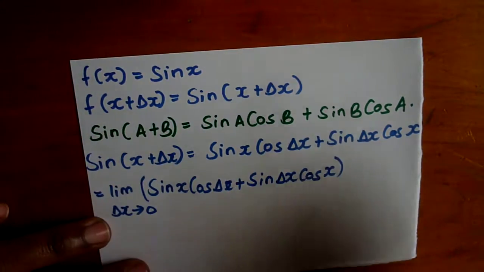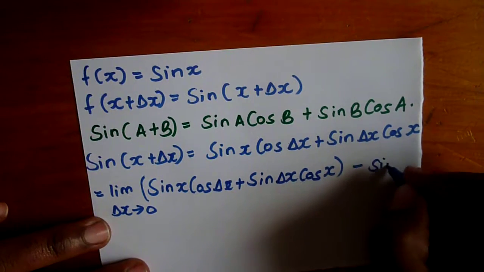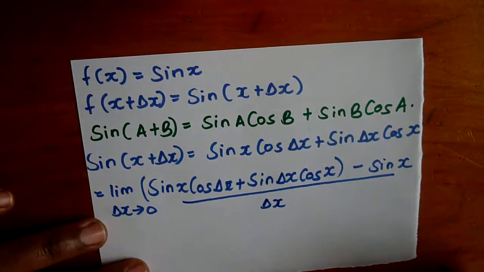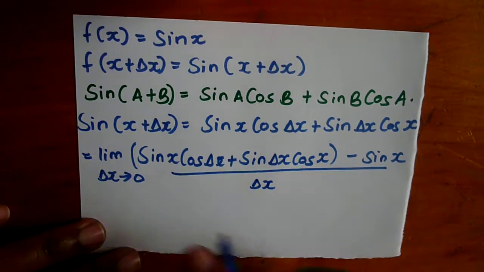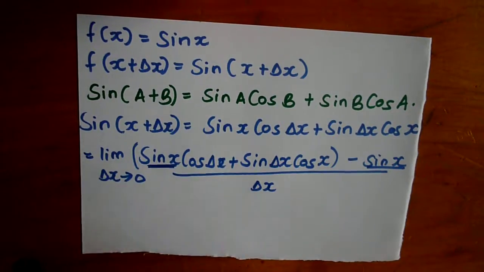That's our f of x plus change in x. Then minus f of x, which is sine x, all over change in x. Wow, what do we realize? We have a sine x here and we have a sine x here. So we're just going to bring the like terms together.